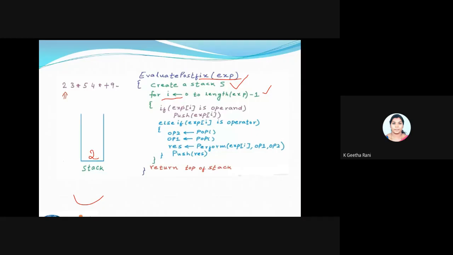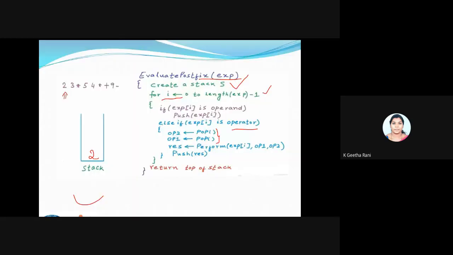If I don't have an operand, if there is an operator, make a pop. If there is an operator, make a pop operation from the stack. Then what I have to pop out are the operands inside my stack.